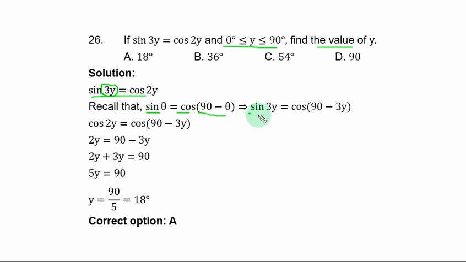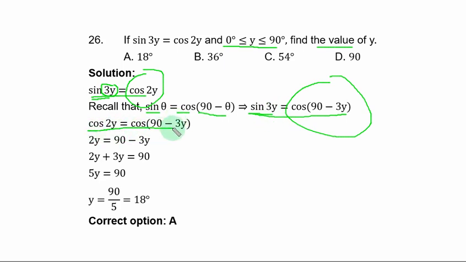You have this expression. Now you have this to be cosine, this is also cosine. You equate the other sides and you have this result. By the time you equate cosine, you have 2y equal to 90 minus 3y.